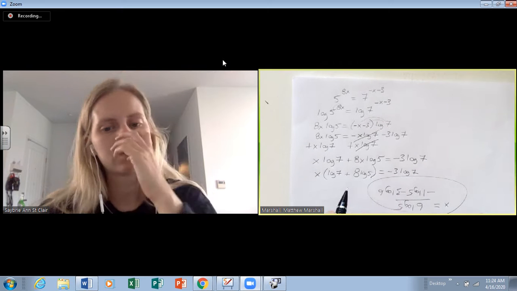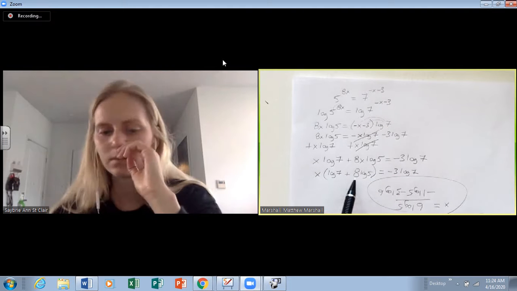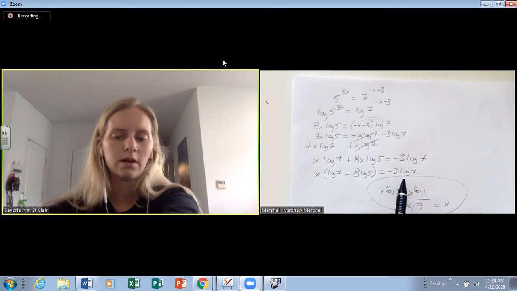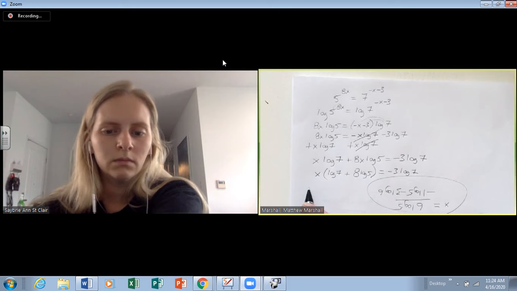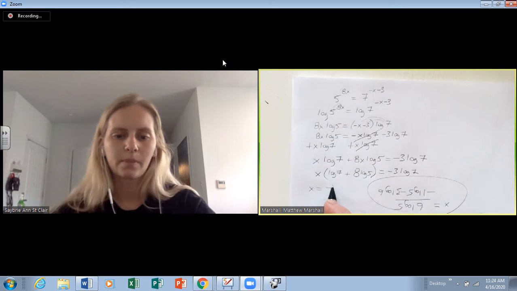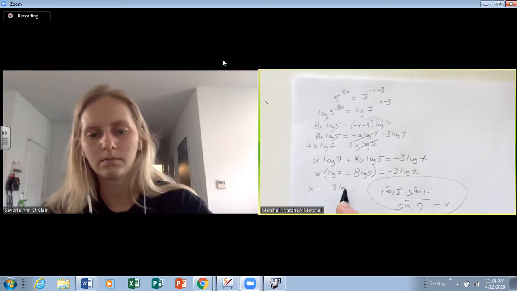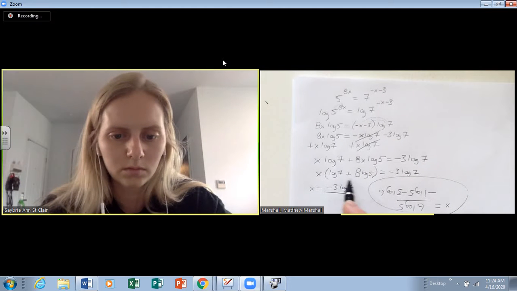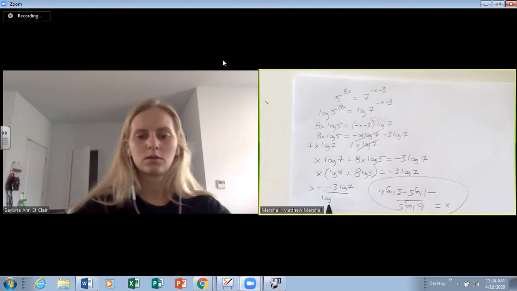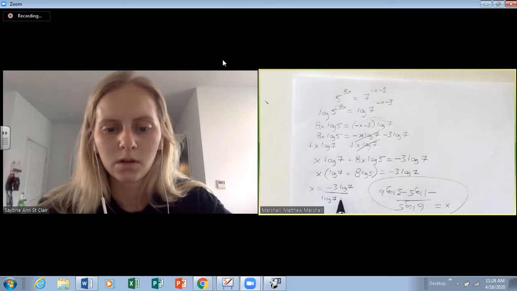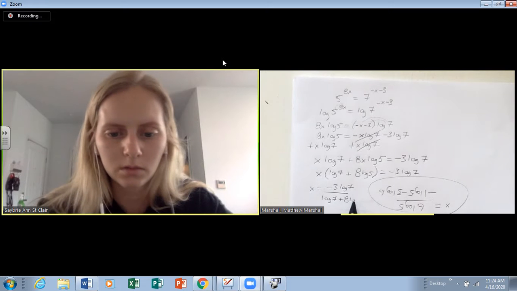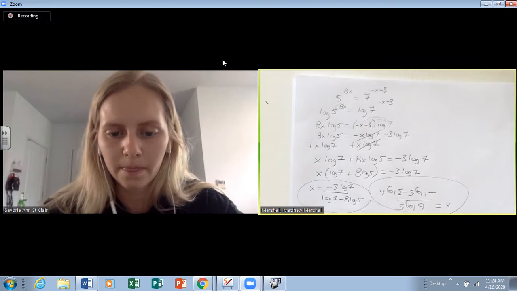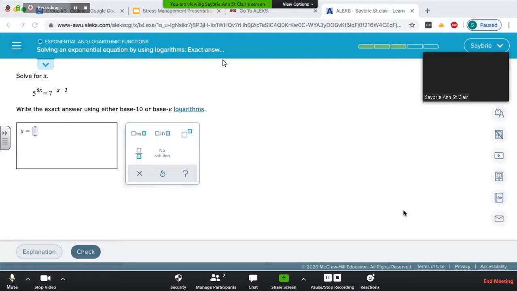So this is the piece right here that you're going to divide by. Yep. So your final answer is that negative 3 log 7 that was left on that side over there, divided by this piece that you had in that parenthesis right there, 8 log 5. It looks more complicated than it is.